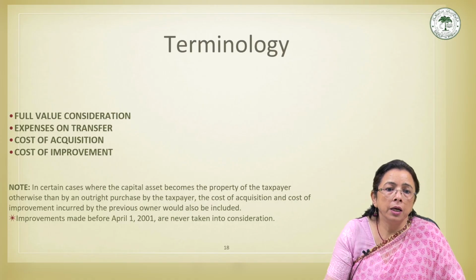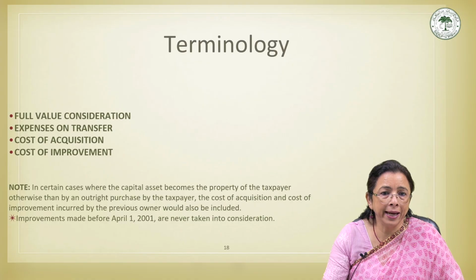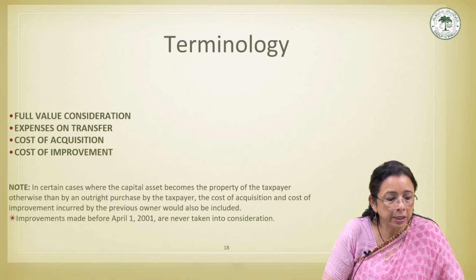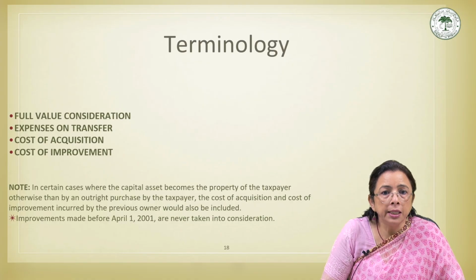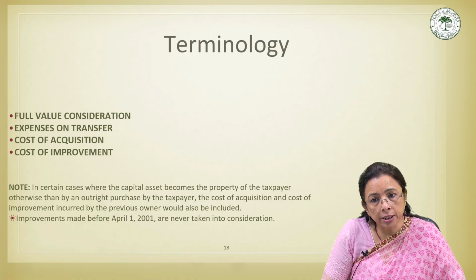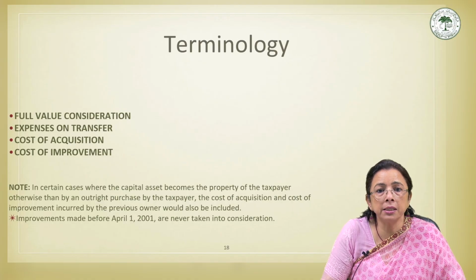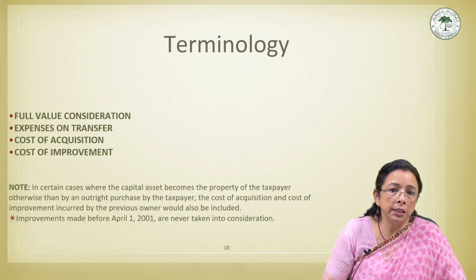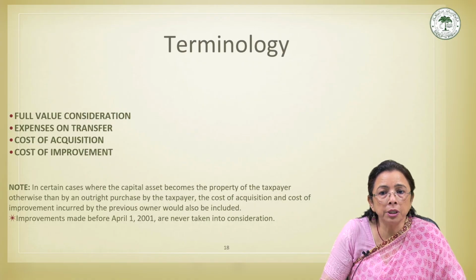Similarly, next we have the terminology expenses on transfer. These are expenses incurred wholly or exclusively in connection with the transfer of the capital asset. Such expenses are deductible while computing the capital gains.